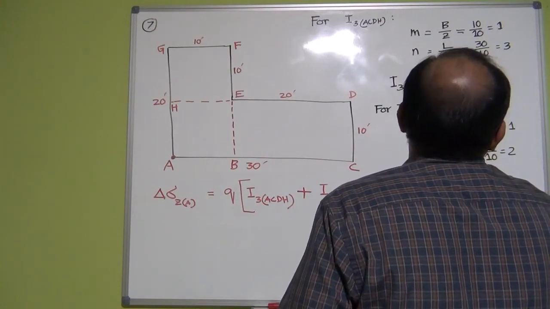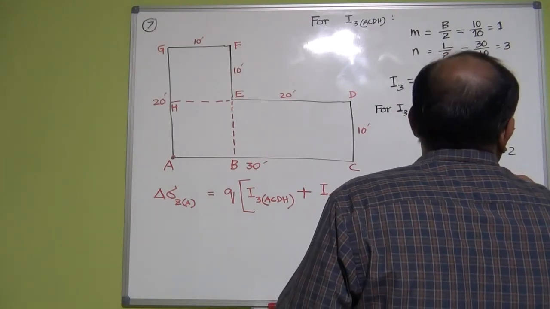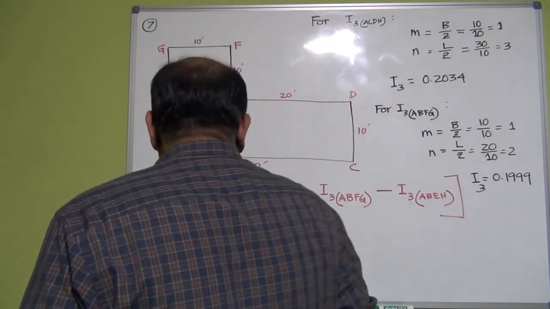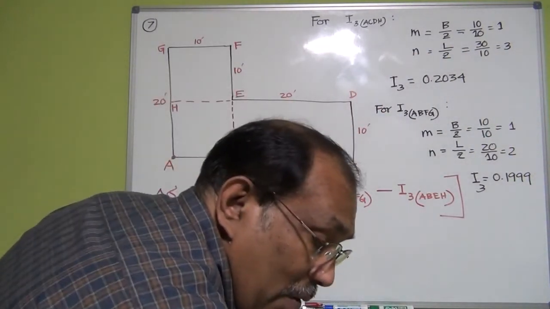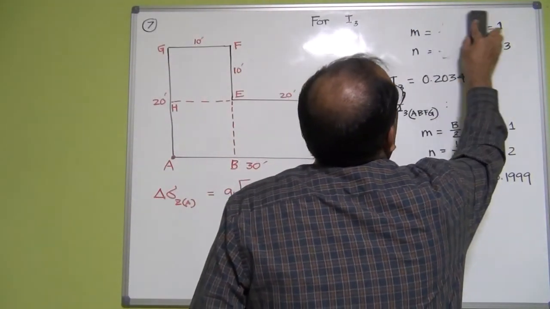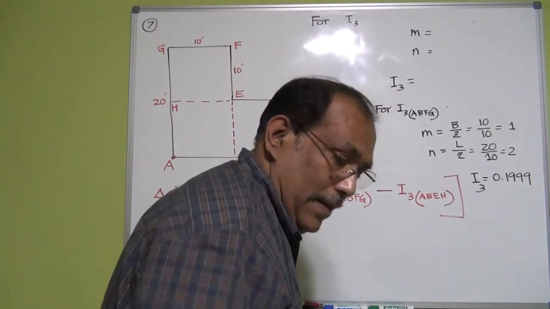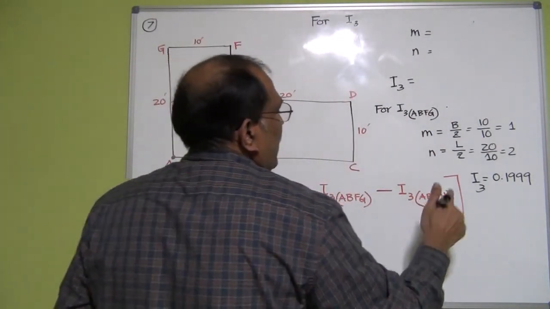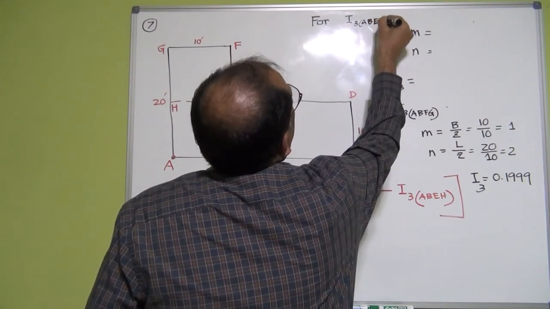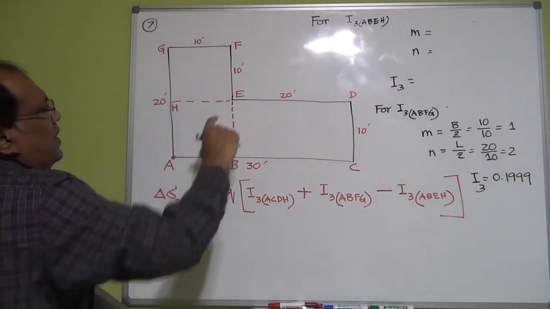From that same table 10.10, I3 is 0.1999. Similarly, you can find your I3 for ABEH, which is 10 and 10 here.